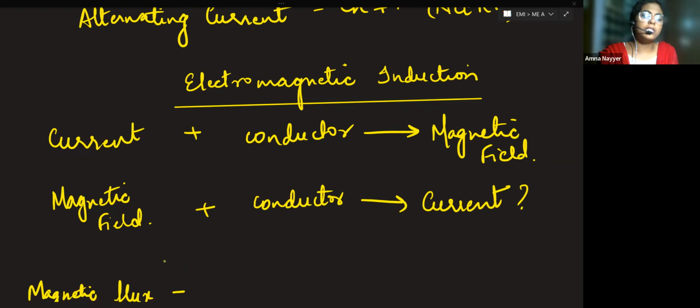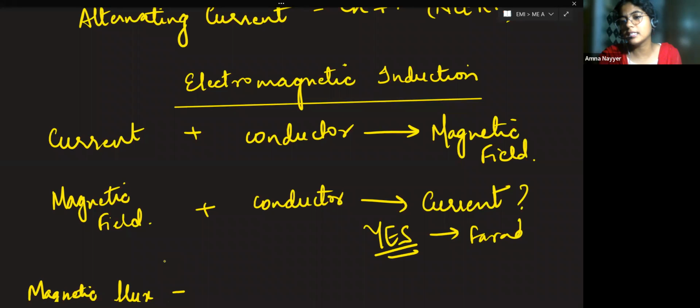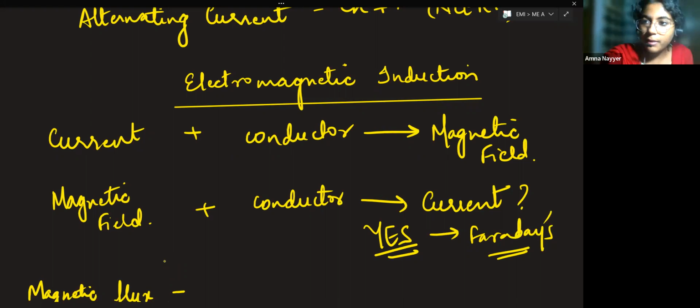The answer was yes, and this was shown with the help of Faraday's laws. Faraday's laws of EMI, which we study in the class itself. Faraday conducted certain experiments, and by that he concluded that yes, if a magnetic field is present within a conductor, it will produce an electric field as well.